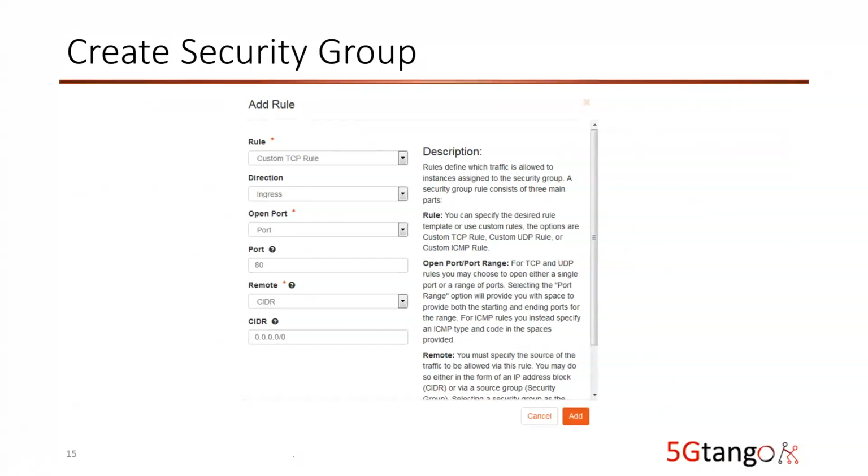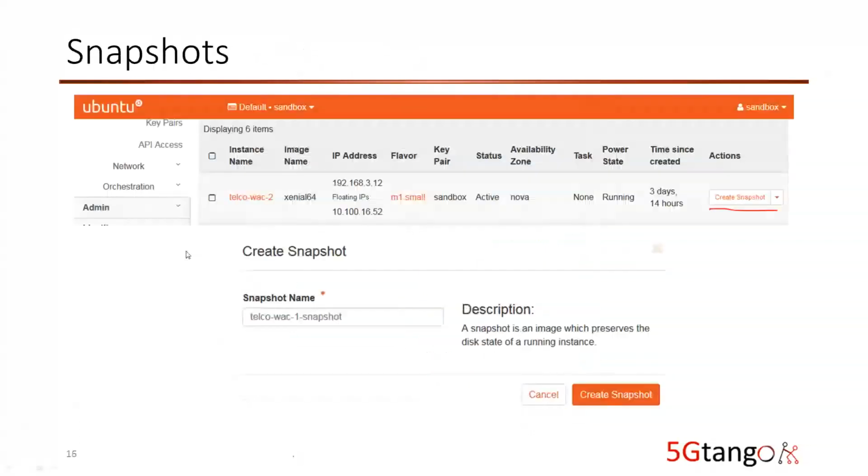Okay, let's continue. When you have your VM created and the VM is ready to be used in the next step, the deployment of the orchestrator, you will need to create a snapshot. A snapshot basically is a frozen moment of your VNF state.